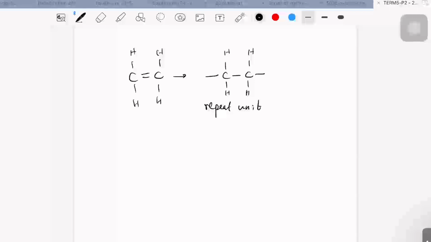And when you draw the structure of the polymer, we can use like 2 repeat units or 3 repeat units, right? Let's say you use 2 repeat units. So this is 1 repeat unit, combine it to another repeat unit. But is this correct now? There's an error in this one. What is this error?